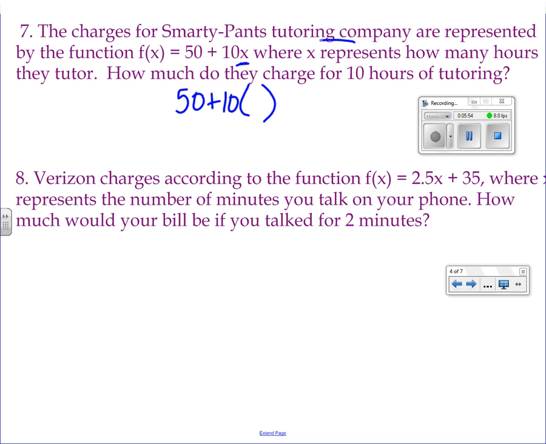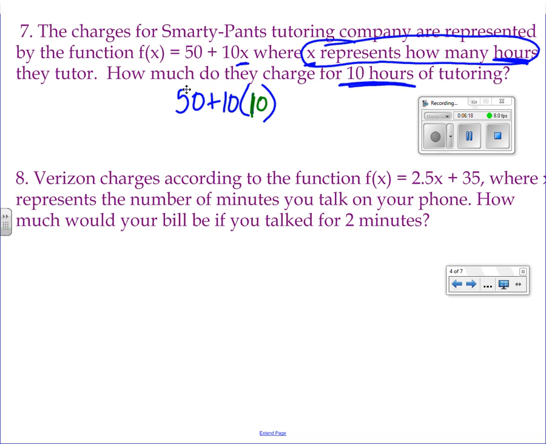So x represents how many hours. Well, what number do they give you for hours? 10 hours. So x is hours, and we have 10 of them. So in the x spot, I'm going to put a 10.